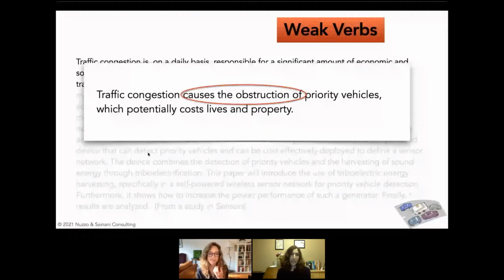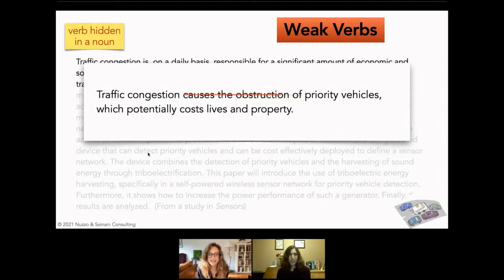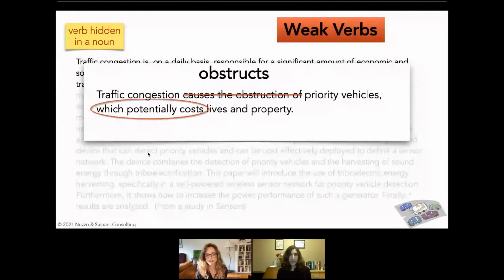So you've got this word obstruction, this abstract noun that really has a verb kind of buried inside it, right? Obstruction. What is the verb actually there? It's obstructs. So let's just go ahead. We save words by just replacing it with the verb, but also we just make it more vigorous, right? More powerful. It's going, traffic congestion obstructs priority vehicles, which potentially cost lives and property.